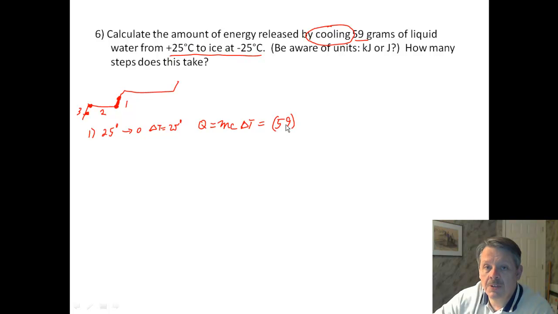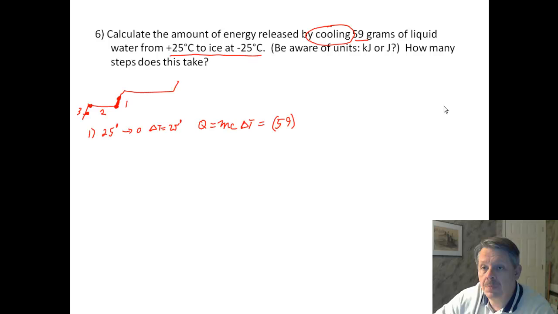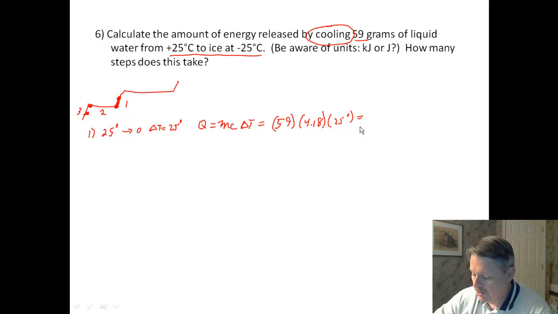My specific heat, now we're dealing with liquid water, so that's 4.18. And my temperature change is 25 degrees. So that's going to give me 6166. And because this is Q, this is joules, because remember, this thing is given in joules per gram degree centigrade.